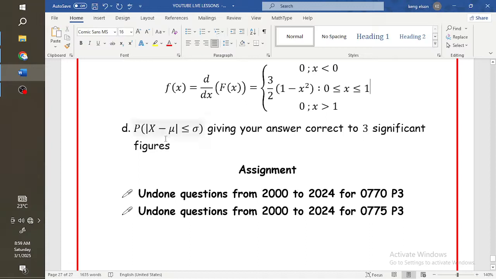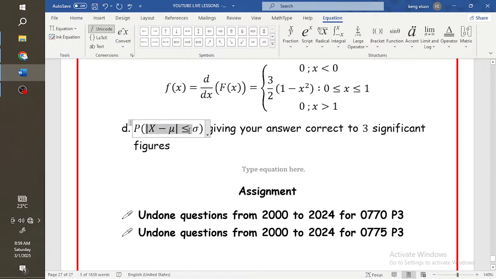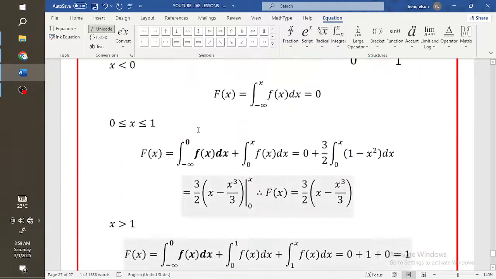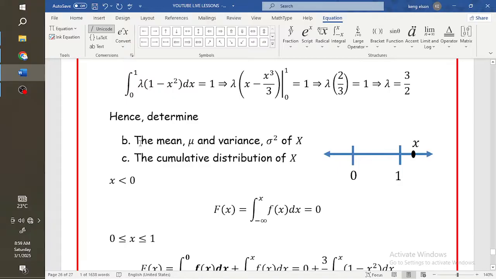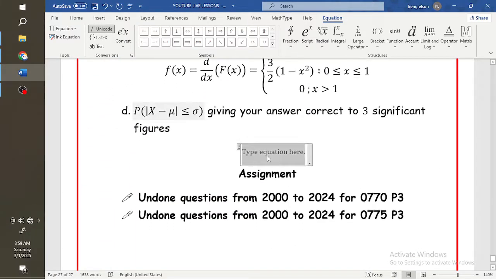Okay, so for this last part, we first of all need to solve this inequality. Remember that mu here is the mean and sigma is the standard deviation. So you need to first of all find the standard deviation, and to get the standard deviation you must find the variance. So you must solve the second part, but let me just indicate what to do.